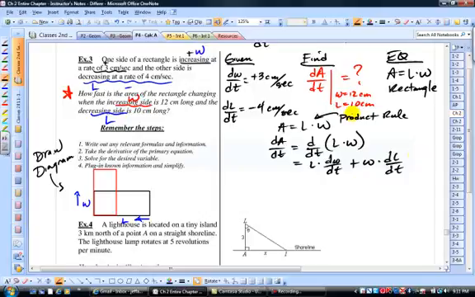Okay, and now after you differentiate, you substitute your values in. You always differentiate and then substitute values in. Well, the length is 10, so I want to substitute in 10 centimeters here for the length. Multiply that by the change in the width over time, and that's 3 centimeters per second.